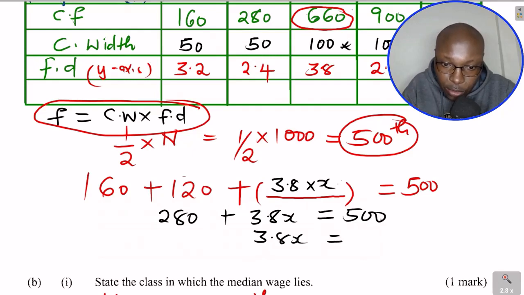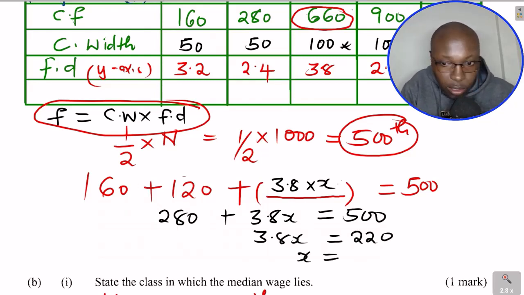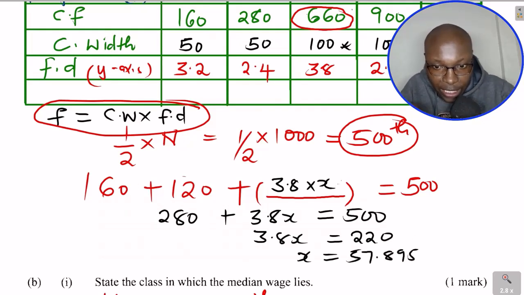And this will give 500 minus 280, which is 220. So divide both sides by 3.8. 220 divided by 3.8 will give 57.895. That is the class width.